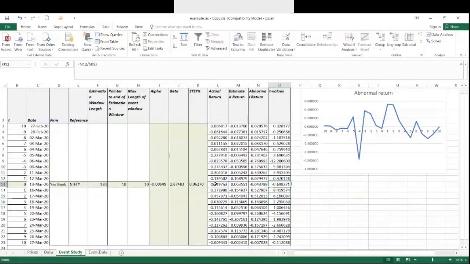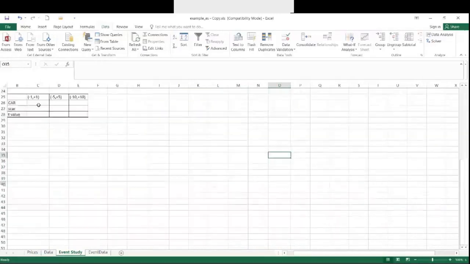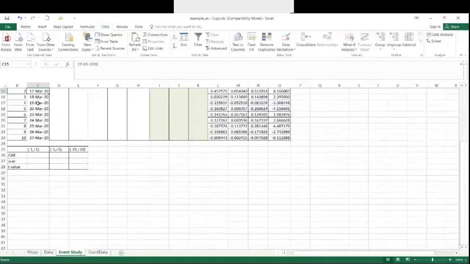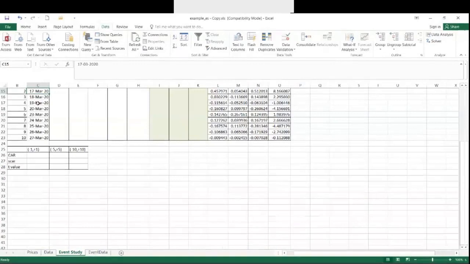Following up with this, we calculate the cumulative abnormal return. You want to see whether the abnormal return, this overreaction or underreaction, whatever is there, shows up if you accumulate it around the event. And why do we accumulate it around the event? Because sometimes the anticipation effect also plays a role.